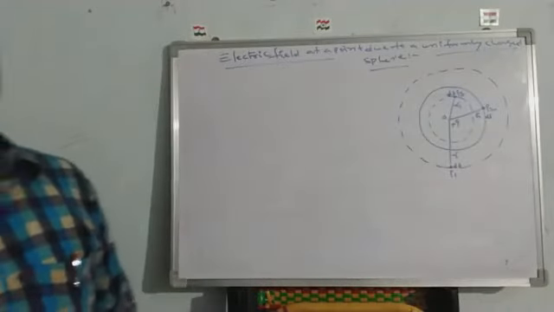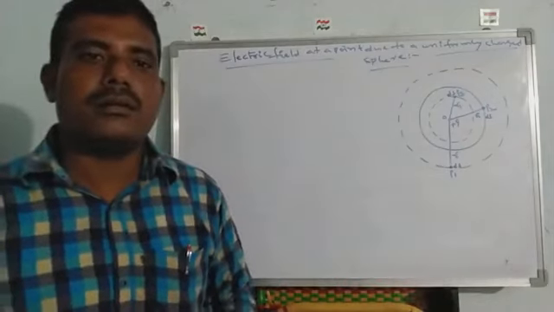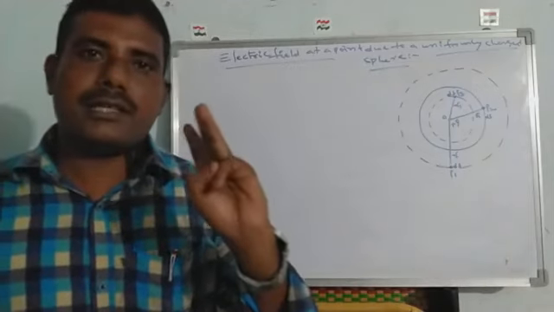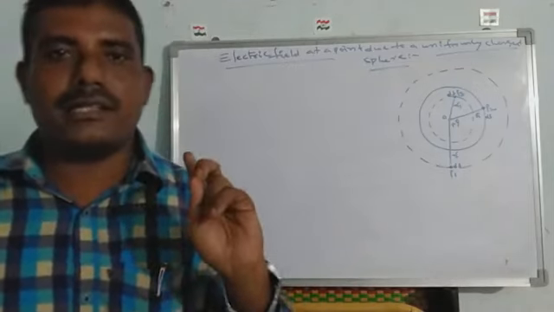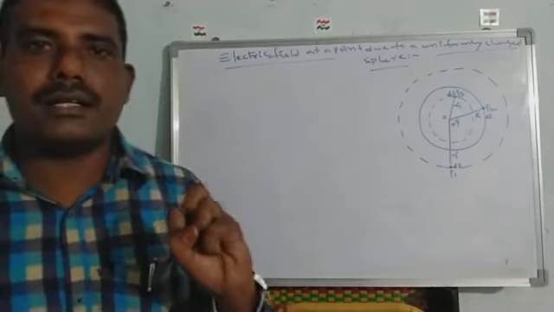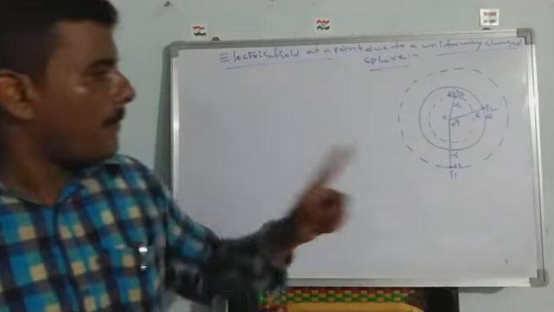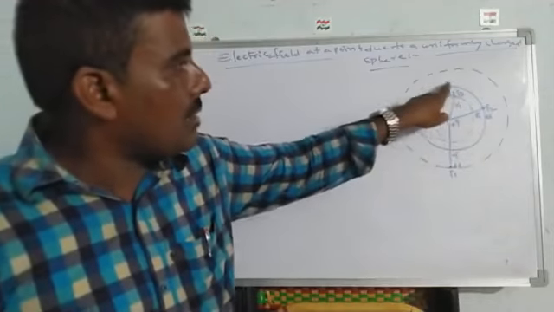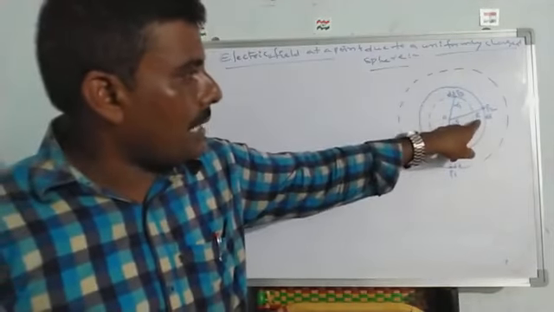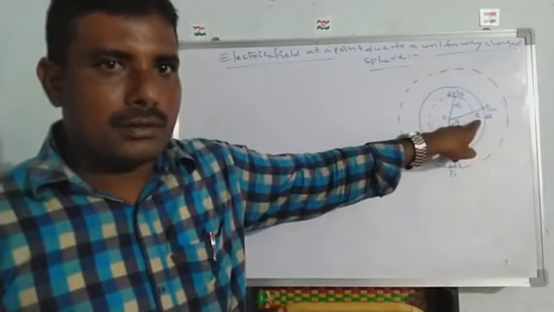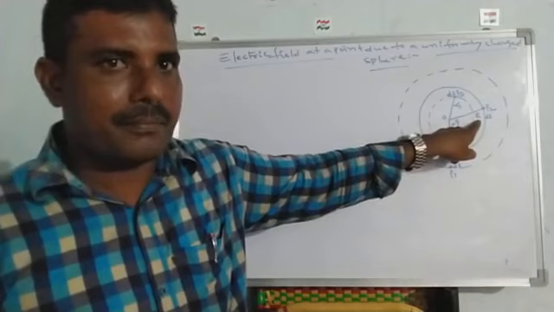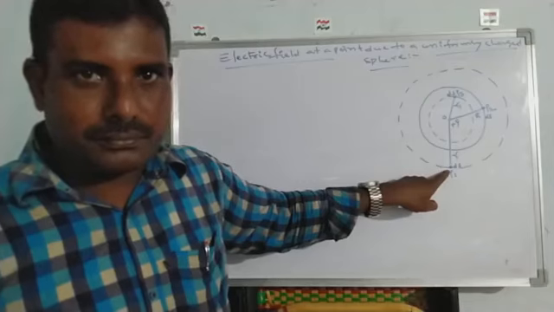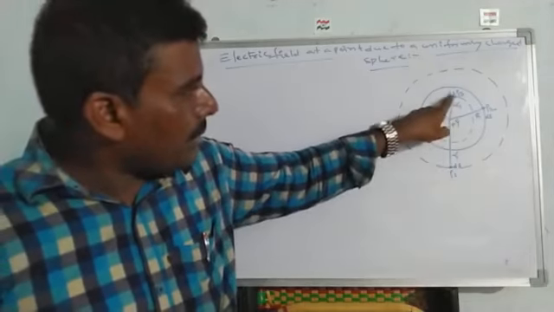Here, in that particular situation, three cases arise. First case, second case and third case. So what are the cases? The original sphere with radius capital R: its center, outside of the sphere, inside of the sphere.